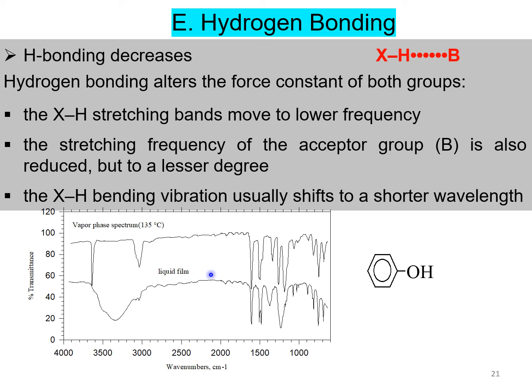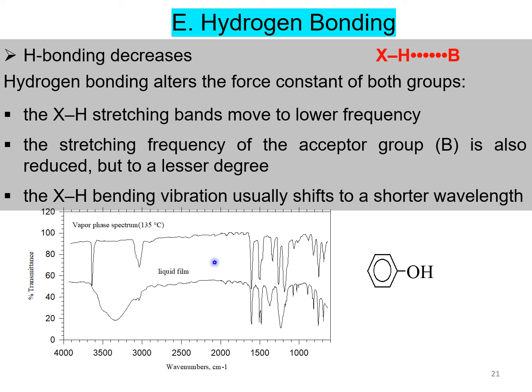Here is one example, phenol, where X is the O-H group, and this is going to go through hydrogen bonding. But here is one thing we need to know: there are two possibilities. One is the liquid form, where phenol is present, and another is in high vacuum or the vapor phase.